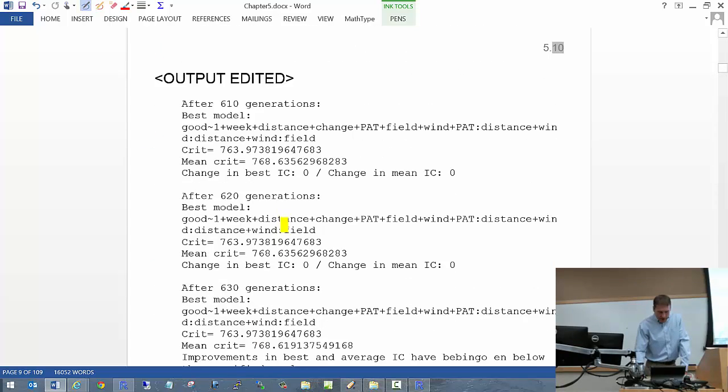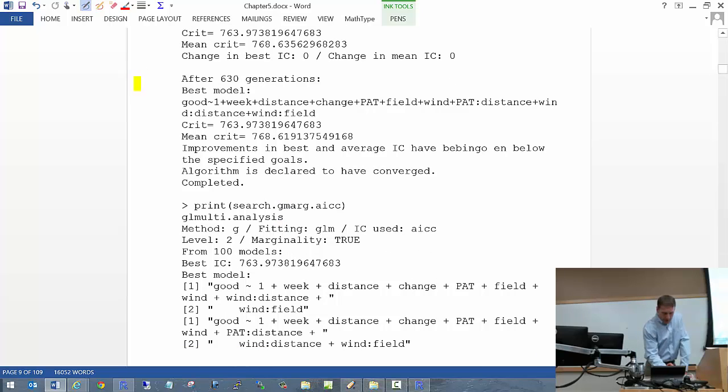And you can see it goes for a long time. It goes up to 630 generations. At that point, no more improvements could be found, meaning a lower information criteria value. So the algorithm is said to stop or converge.